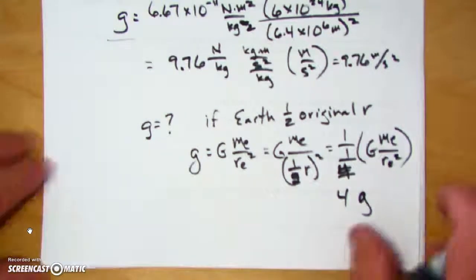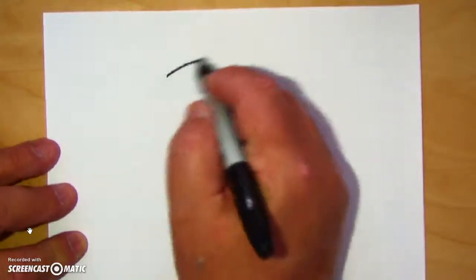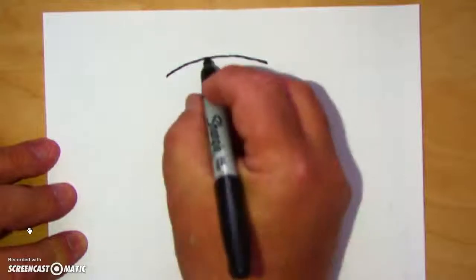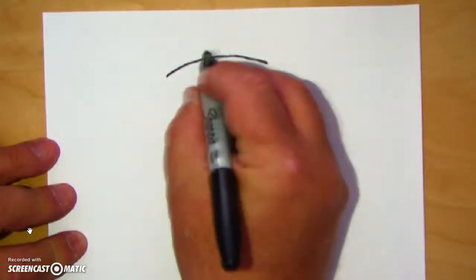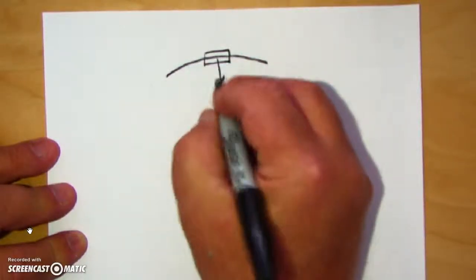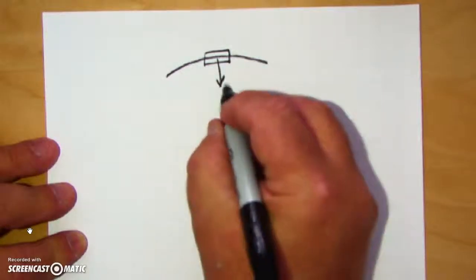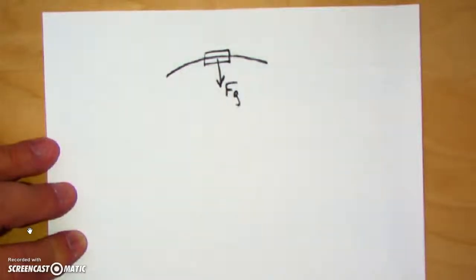Now, let's take a look at another neat thing that comes out of this. We know that when objects stay in orbit, and we're going to talk about that more in a future video, as something's moving like this, let's say something like the space shuttle, we know that it has an Fg.